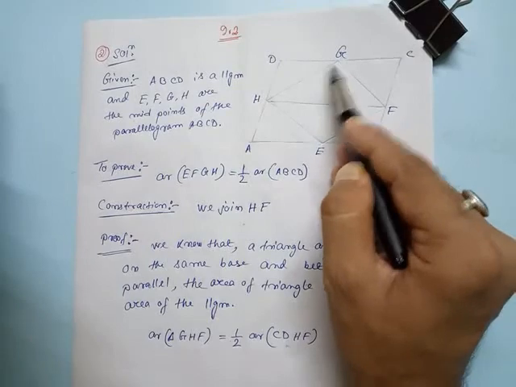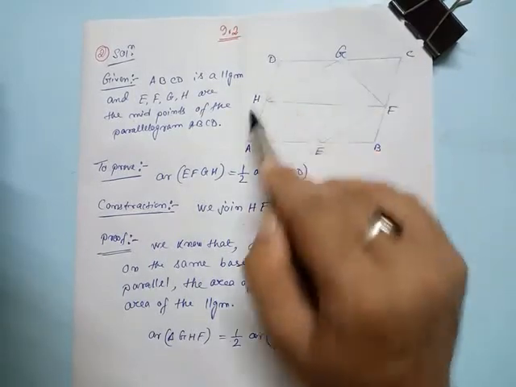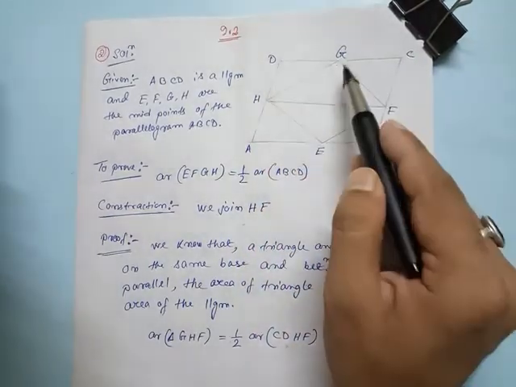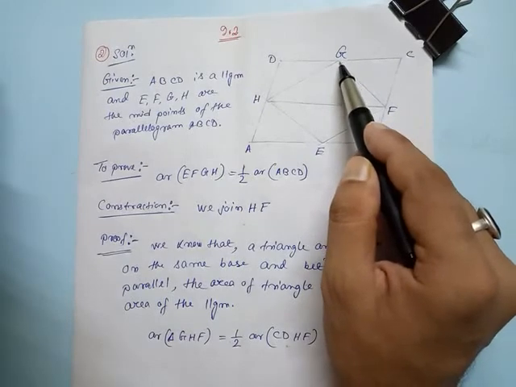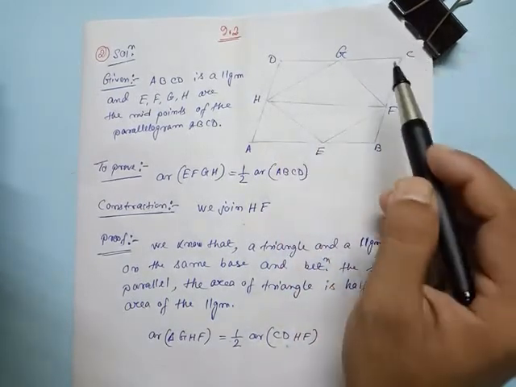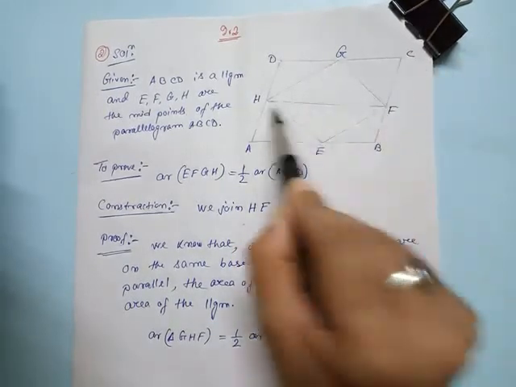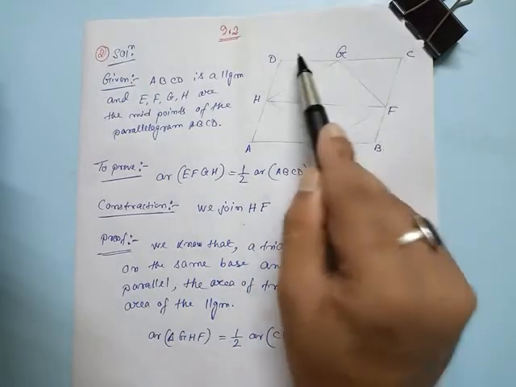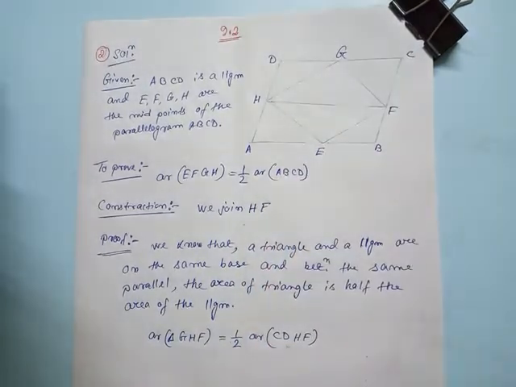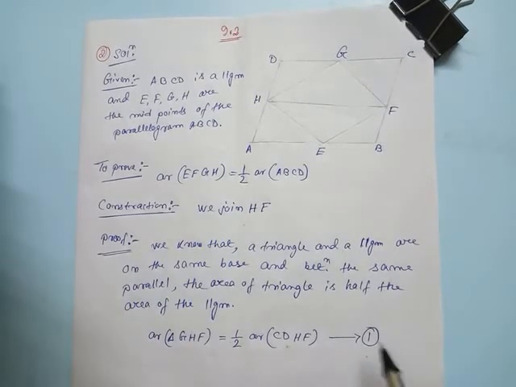Area of triangle GHF is half area of CDHF, because the triangle GHF and parallelogram are on the same base HF and between the same parallels CD and HF. We'll take it as equation number 1.